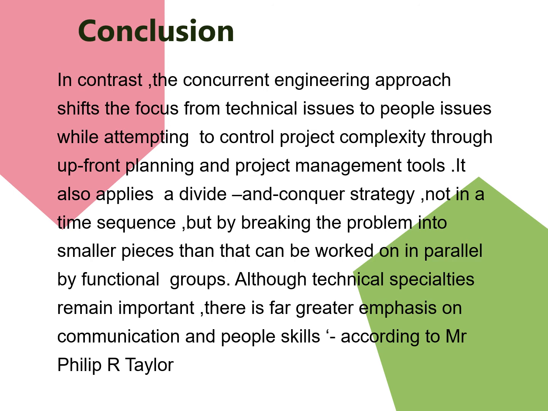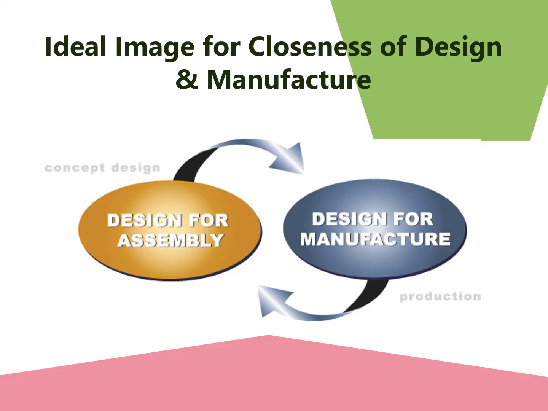It also applies a divide and conquer strategy, not in time sequence but by breaking the problem into smaller pieces that can be worked on in parallel by a functional group. Although technical specialties remain important, there is far greater emphasis on communications and people skills. This is according to Mr. Philip Taylor on concurrent engineering.